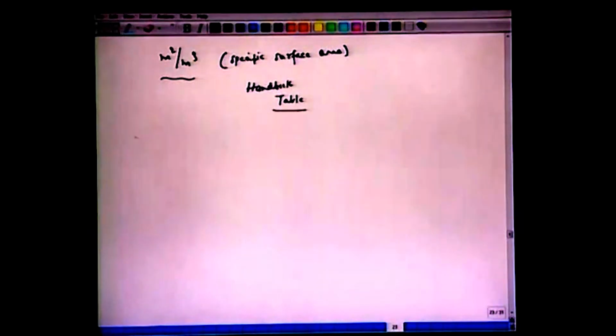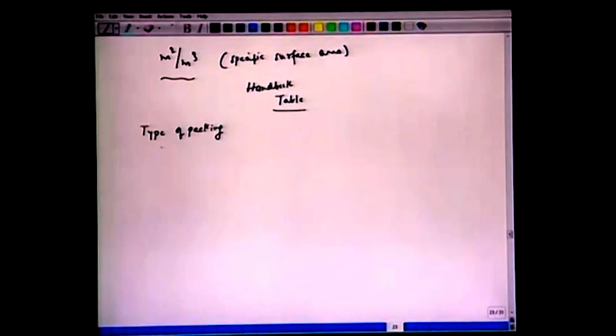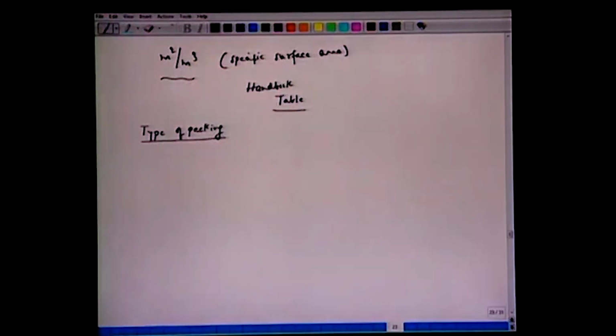you will see, say, type of packing. Okay, so it's encouraged that you go through some of the handbooks, say Perry's handbook, or go through Treybal's Mass Transfer, or McCabe and Smith, some of the books which we are following in this course, or reference books, and they have a very nice table, and they have tried to include most of the regular packings which we use.